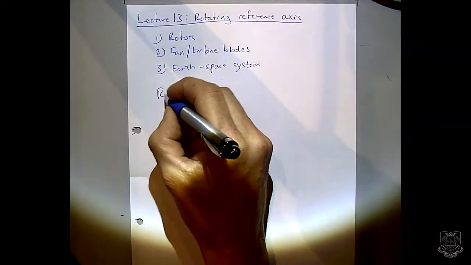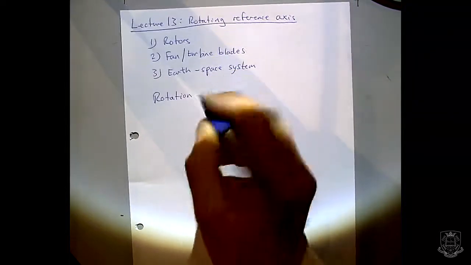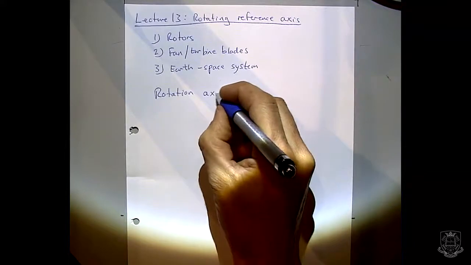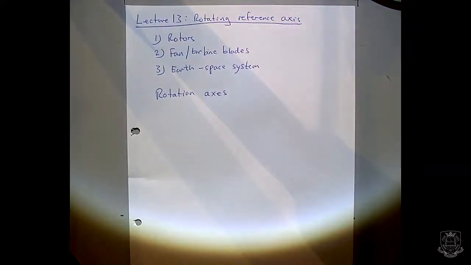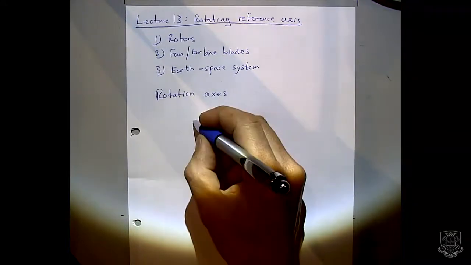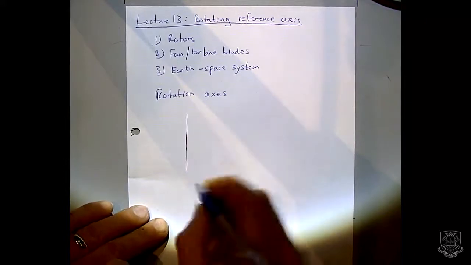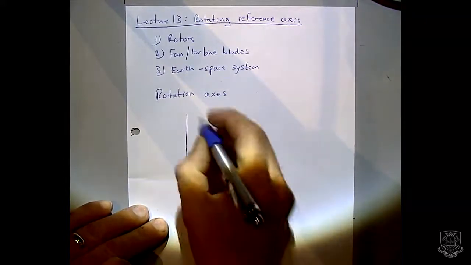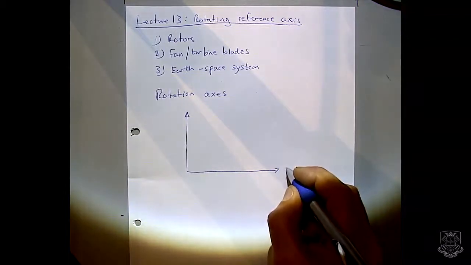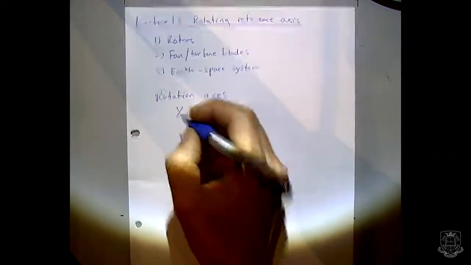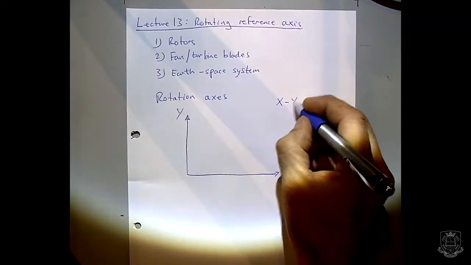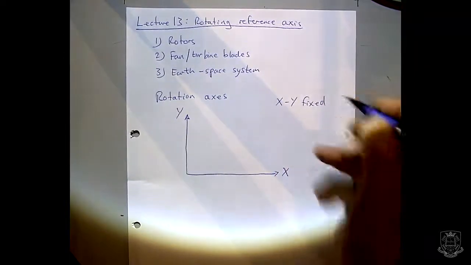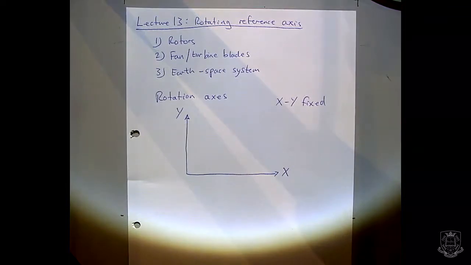So we're thinking about reference frames and rotation. The way we do it usually is we first define a fixed reference frame. And so we normally call those big X and Y. Usually in these kind of reference frame problems, there's always something to refer back to as a kind of datum, if you like.